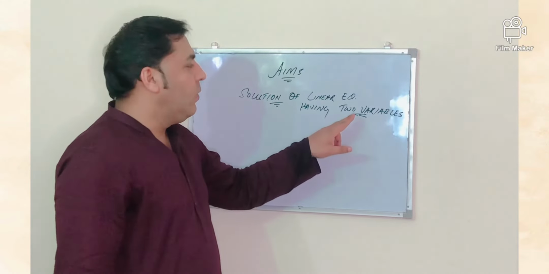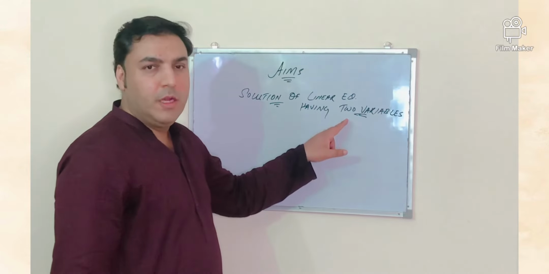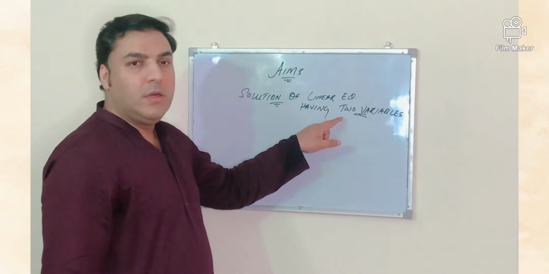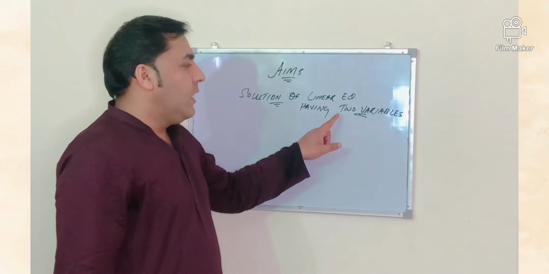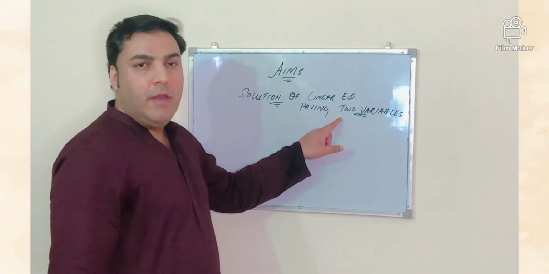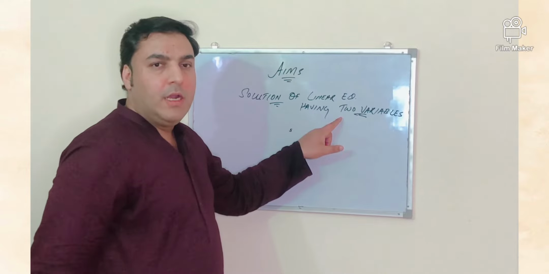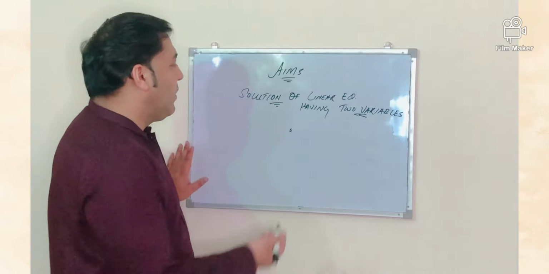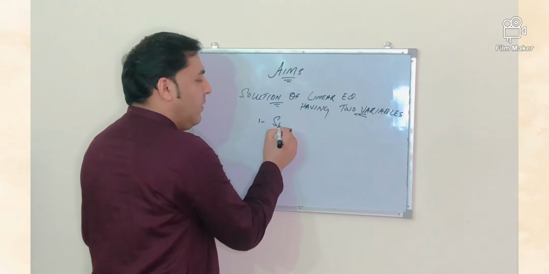There were two simple steps involved, and now we will look at linear equations having two variables. Solving these kind of equations, we have different kind of methods. We can adopt multiple methods to solve these kind of equations. What are those?